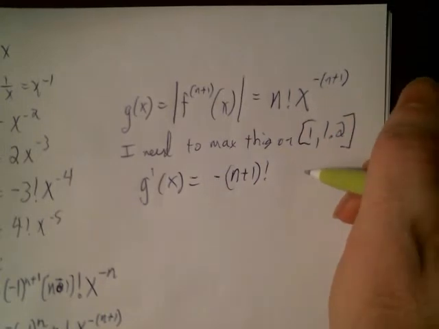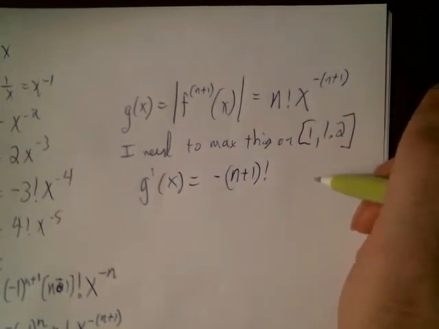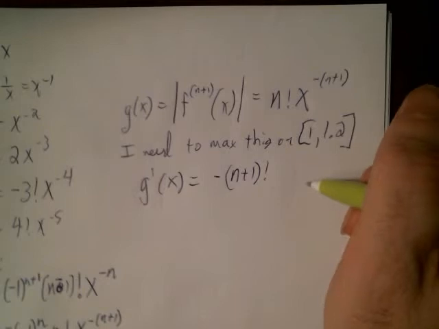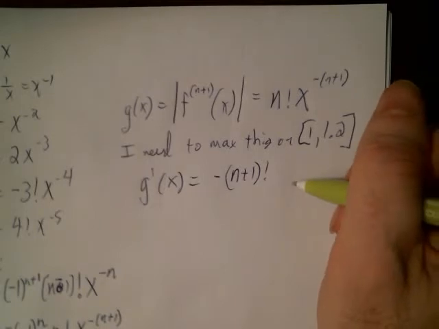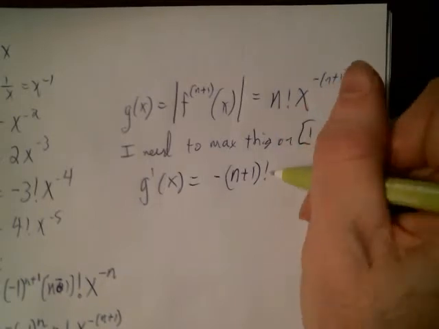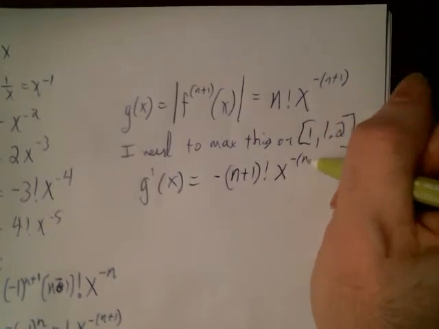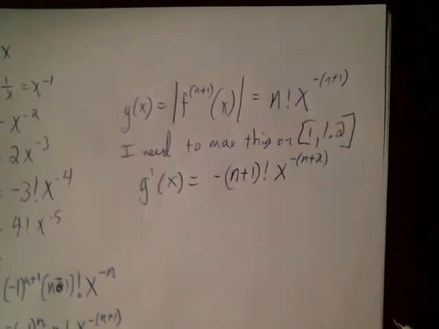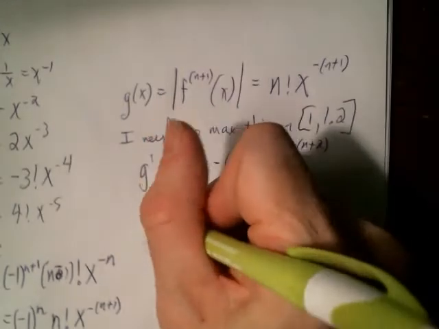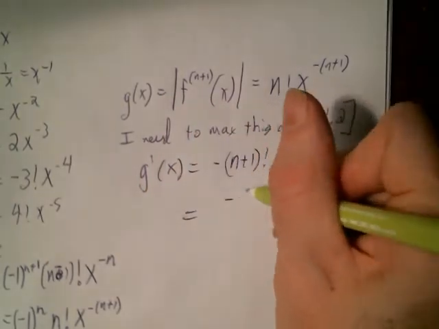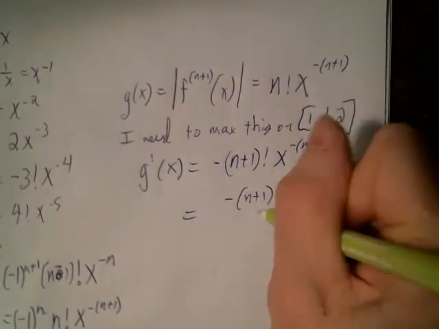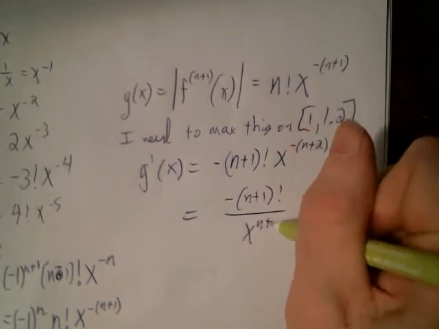And then x to the negative n plus 1 minus 1, which would be negative n minus 1 minus 1, which would be negative n minus 2, which would be x to the negative n plus 2. If we drop that to the denominator, we have negative n plus 1 factorial all over x to the n plus 2.